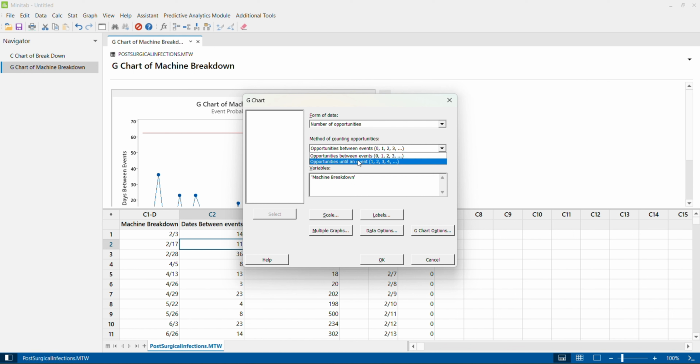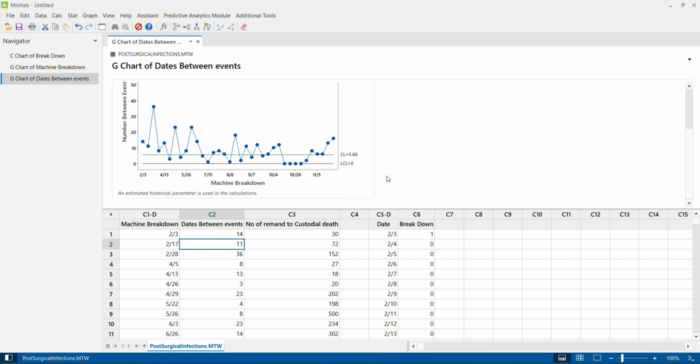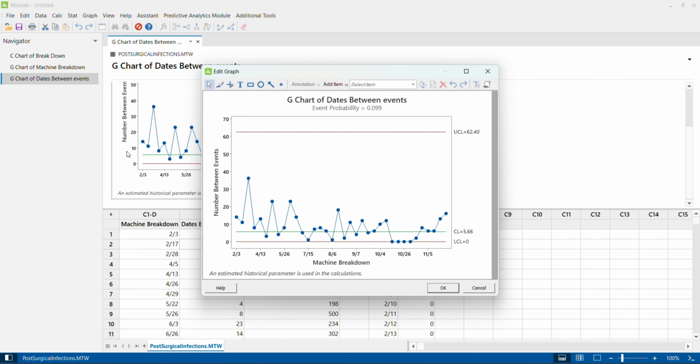The second is counting only the opportunities in between two events. So I select this one, go to machine breakdown data, select days between events, and click OK. I get pretty much the same chart, but this time it says number of days between events.